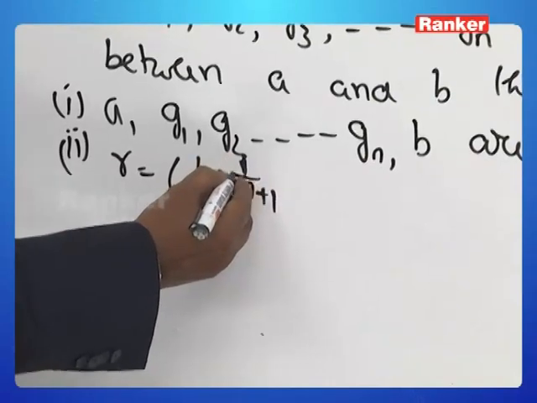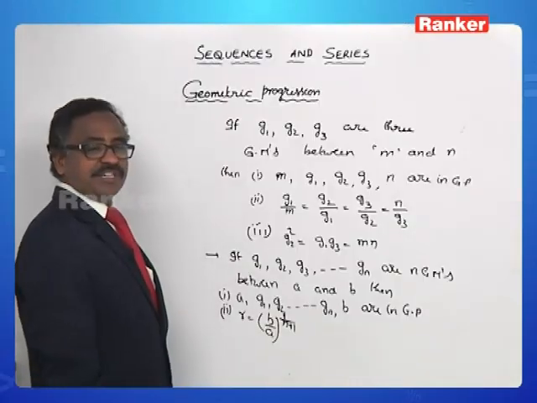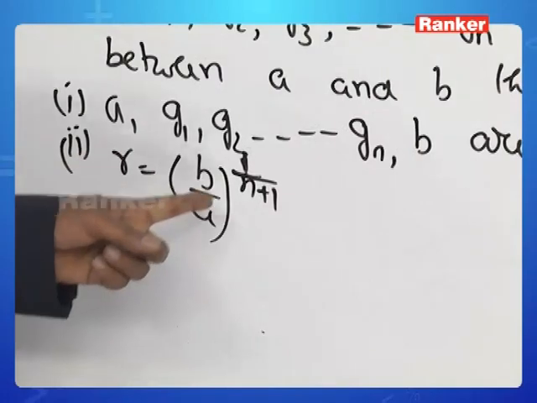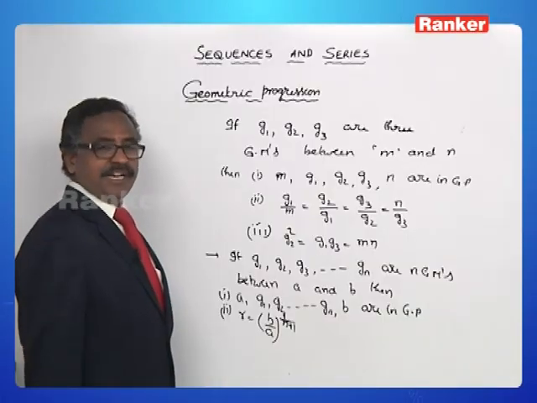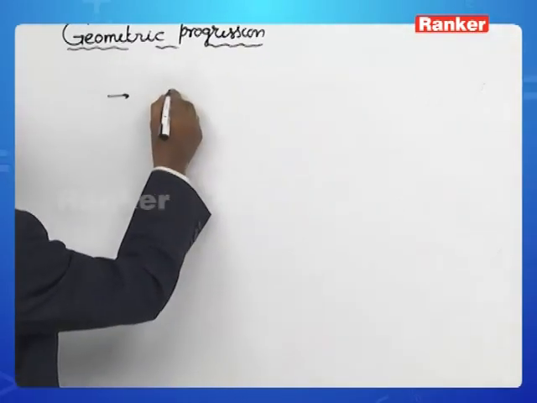This is the formula for finding the common ratio of the geometric means.